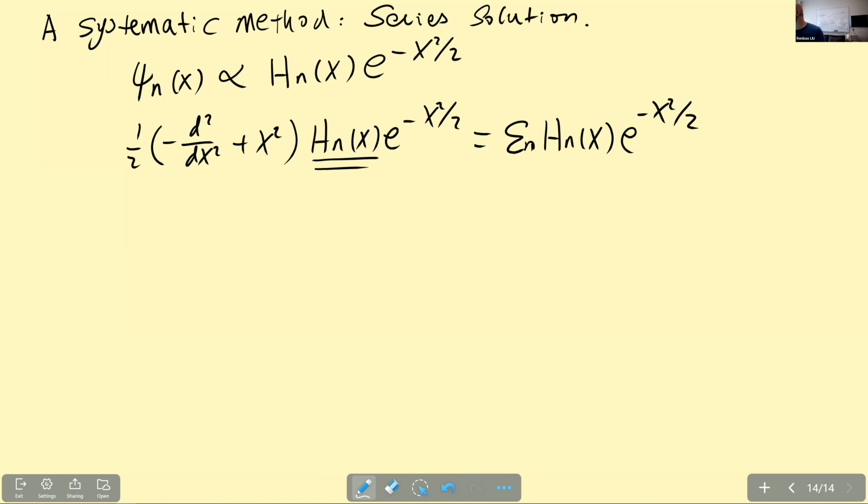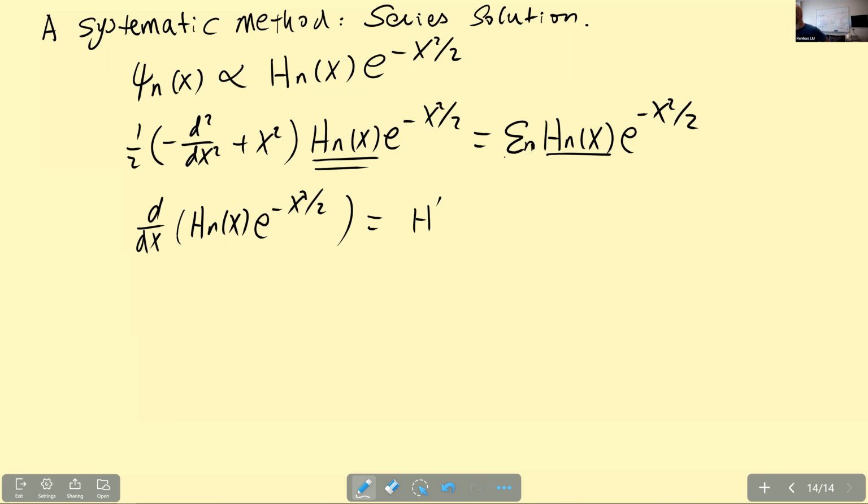Right, so we just need to determine this part, and then we can act this operator on it. Let's look at the differential of this one. This is the difficult part, right? Of course, you can have two terms.